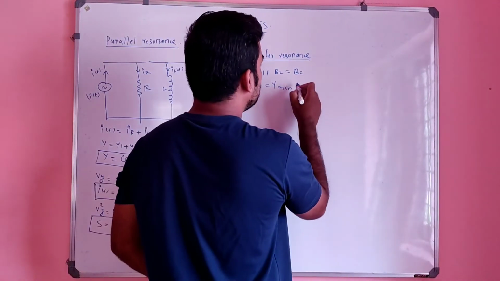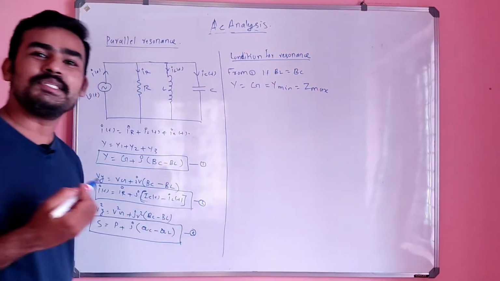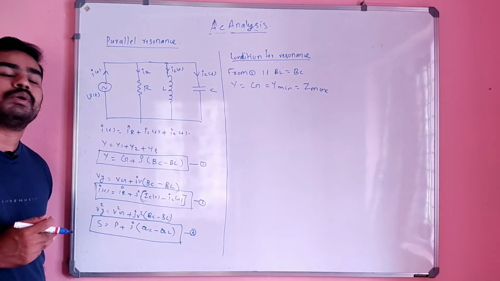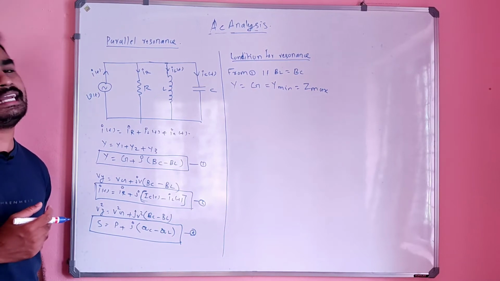Y being Y minimum means there is Z max. Is it correct? Y equal to Y minimum means of course Z is equal to Z max. You can write that also.